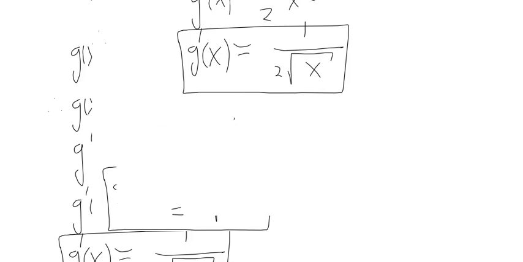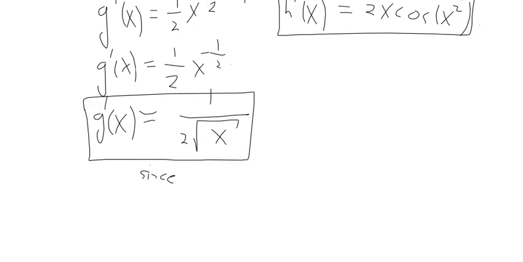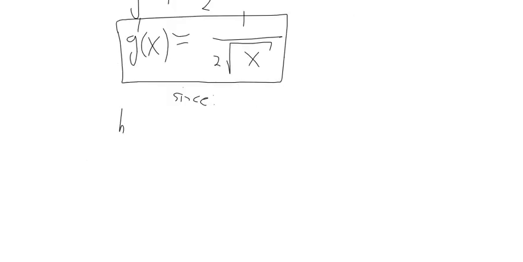Let me write something here, probably make some room. Since h of x is equal to sine of x squared, substitute into g prime.